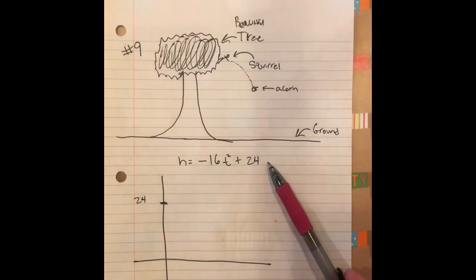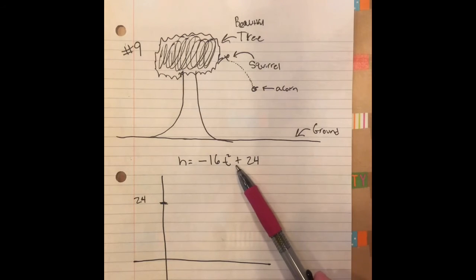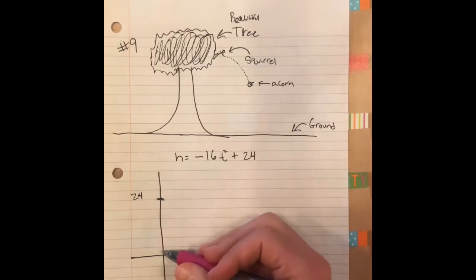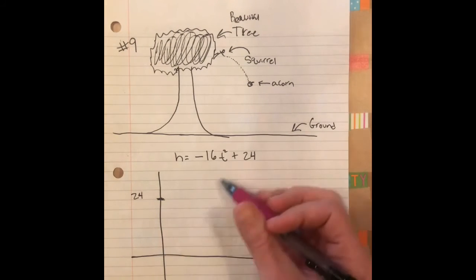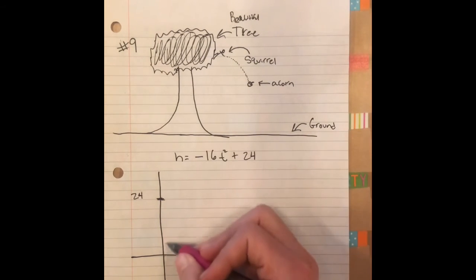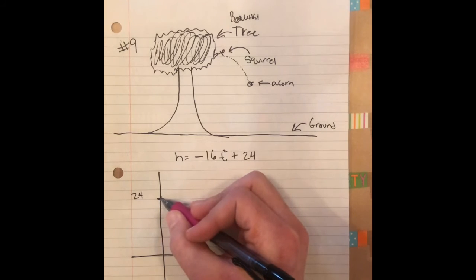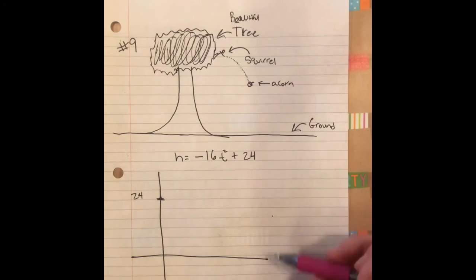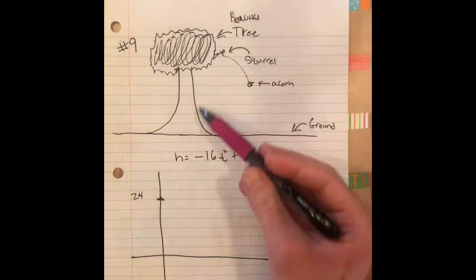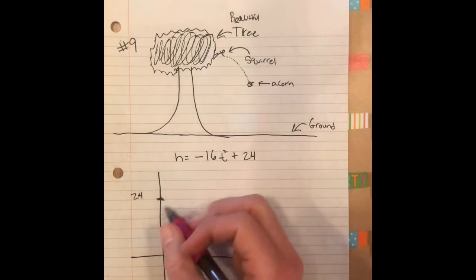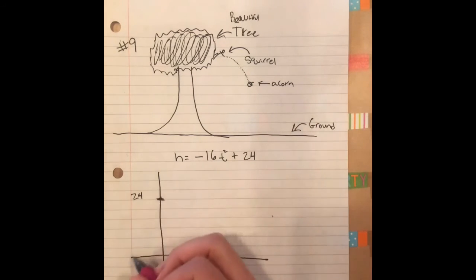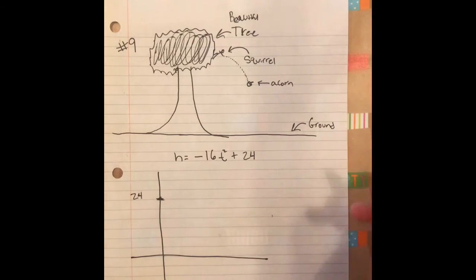What is it going to do as far as shifting? It's going to shift up or down, up 24 units. So from 0, is it going to shift up or down? Positive, it's going to shift up. So it should be right around here. It's going to go downward or face downward, sad face, because this is negative, right?